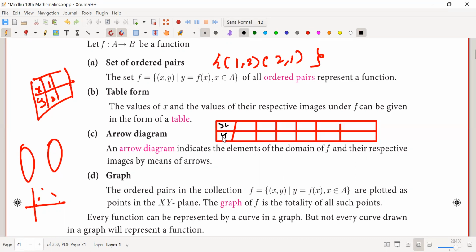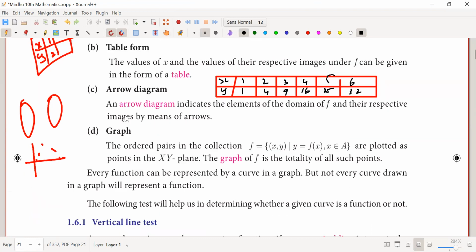Value of x, value of y. So for 1, 1; 2, 4; 3, 9; 4, 16; 5, 25; 6, 36. Just like that, we will just add the required data.